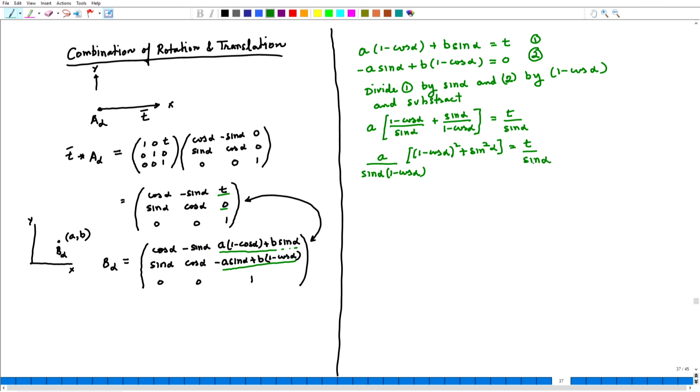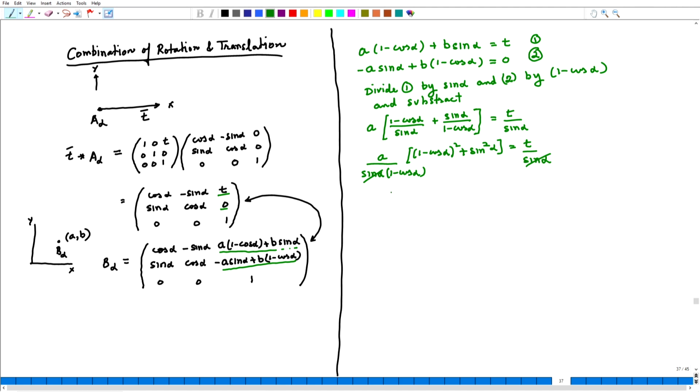At this stage I can cancel the sin alpha and expand the 1 minus cos alpha squared. When I expand it, I will get 1 minus 2 cos alpha plus cos squared alpha. Now, cos squared alpha plus sin squared alpha adds up to 1.